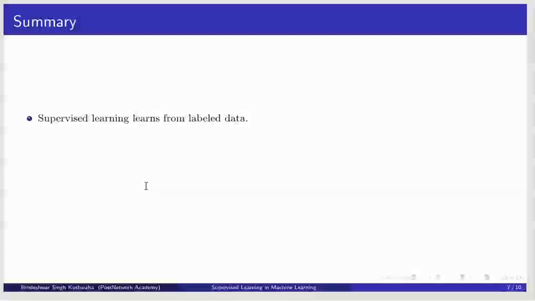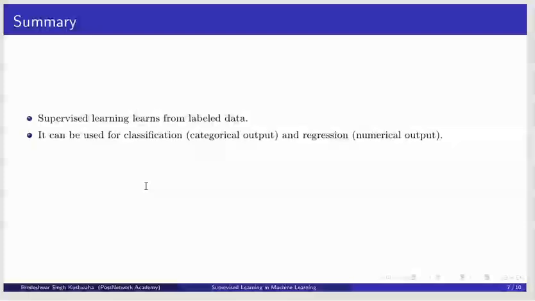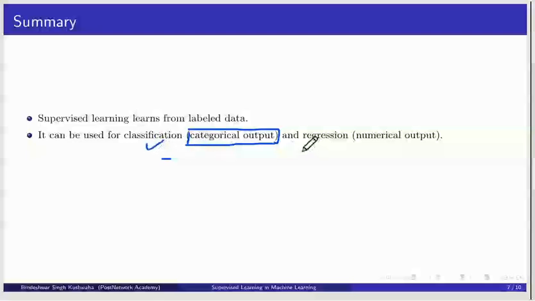So what we have learned: supervised learning learns from labeled data. It can be used for classification and regression. If it is a categorical output, that is called classification. If it is a numerical output, that is called regression.